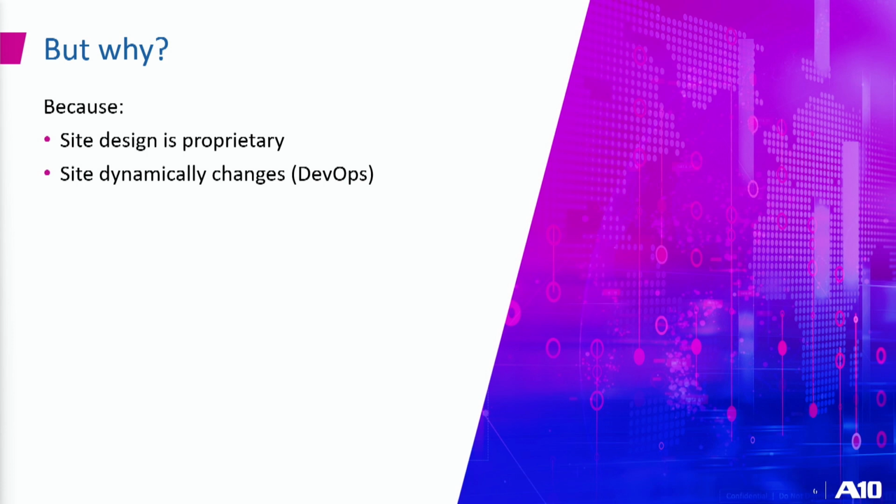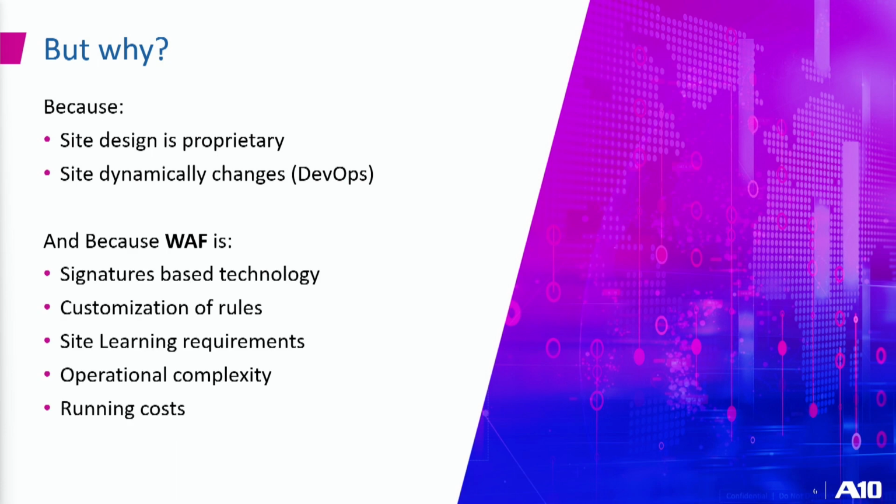One of the biggest problems is that websites run the operating system, Linux standard, the Apache standard, but the code running on top is all proprietary, is your code. And protecting proprietary code is not as simple as an off-the-shelf solution. A lot of the existing solutions are based on extensive learning. They need to understand your website structure.